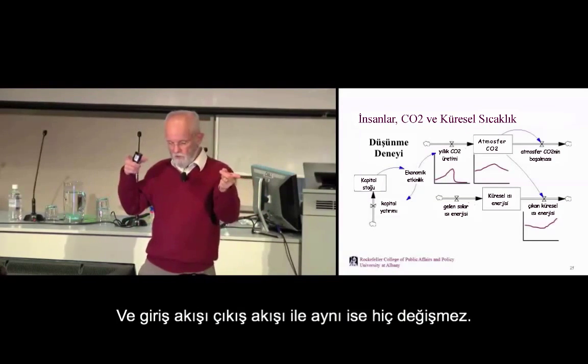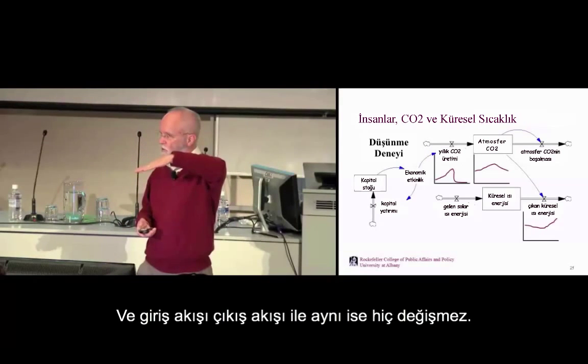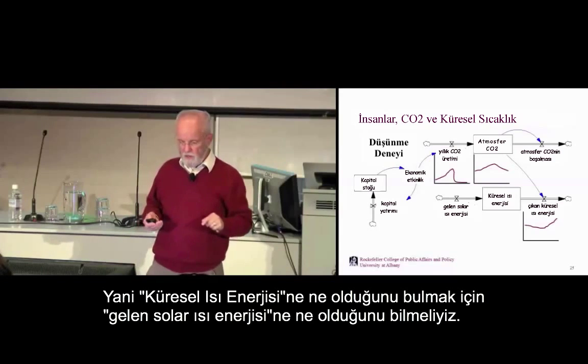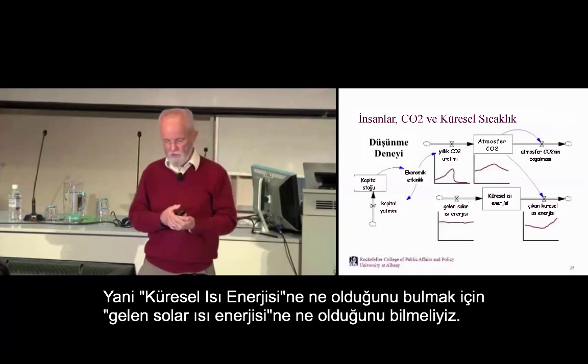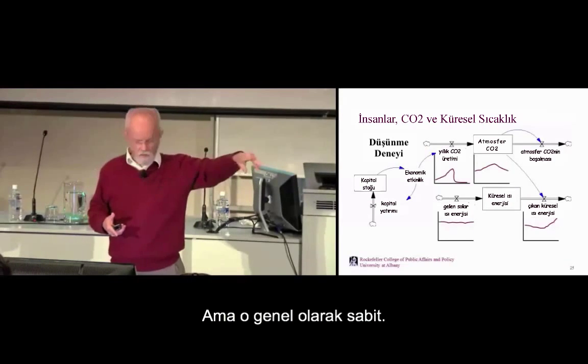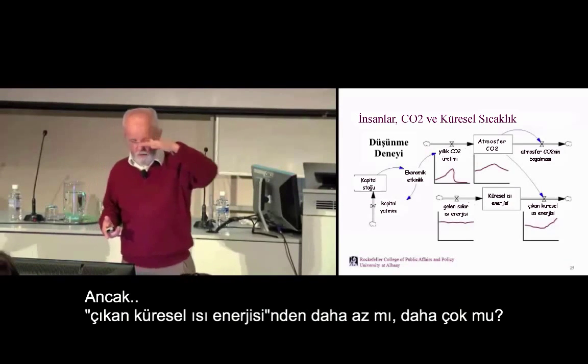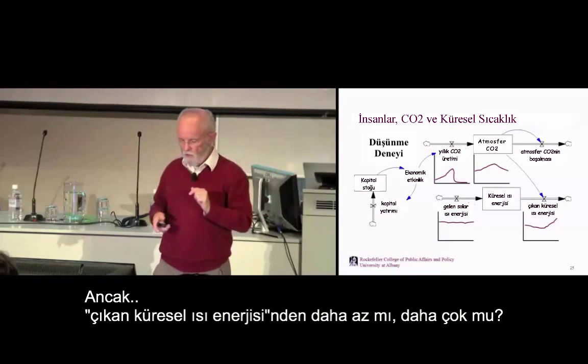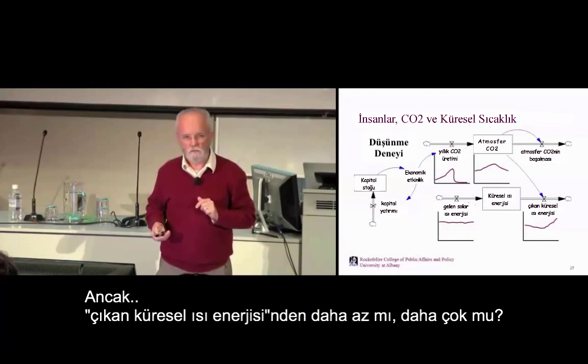And if the inflow is the same as the outflow, then it's not changing at all, right? So in order to know what's happening to global heat energy, we have to know what's happening to incoming solar heat energy. But that's been constant. That hasn't been doing anything, roughly. But is it higher or lower than outgoing global heat energy?